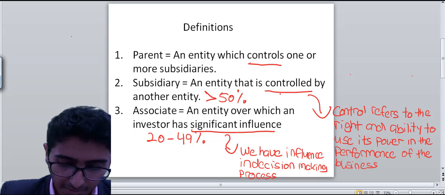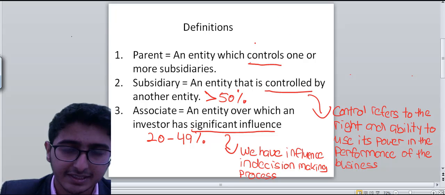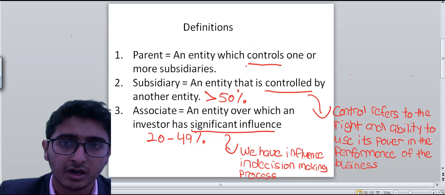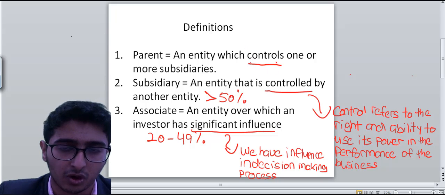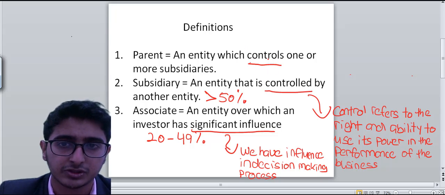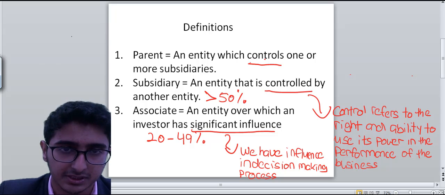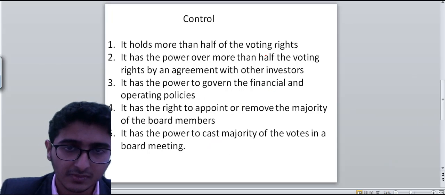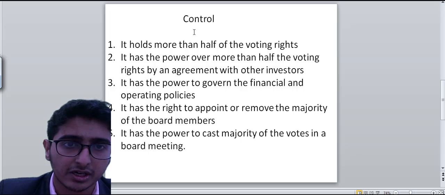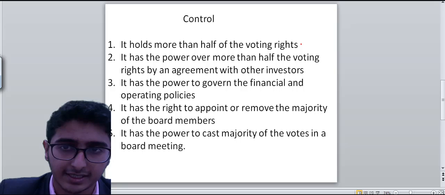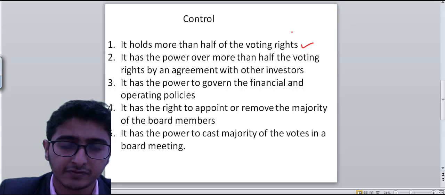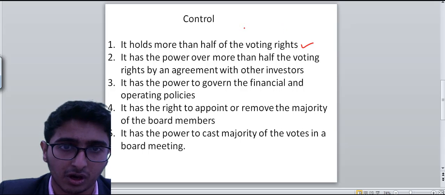Now, there can be scenarios where we do not own more than 50% of the voting rights, but we still have control. This is very important when it comes to the ACCA F7 syllabus. As I said earlier, the first criterion is it has more than half of the voting rights. If I have 60% of the voting rights or the ordinary share capital, this means I have control.